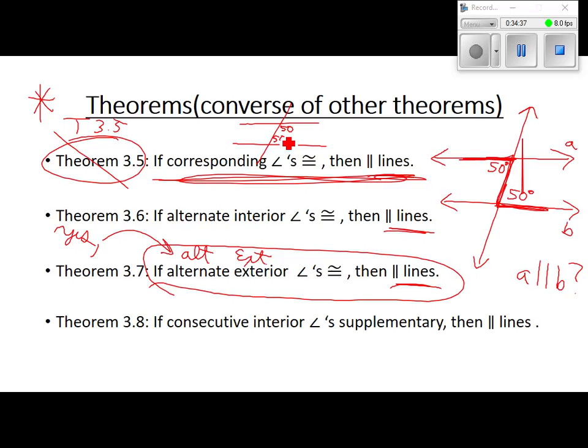Alternate exterior angles? Consecutive interior angles? Yeah, they're consecutive interior angles. What should be true about consecutive interior angles? They should be supplementary. Are those two supplementary to each other? 50 and 50 add up to 180? No. So what's that tell us about these two lines? They're not parallel. So we'd have to say they're not parallel to each other because those angles should add up to be 180.